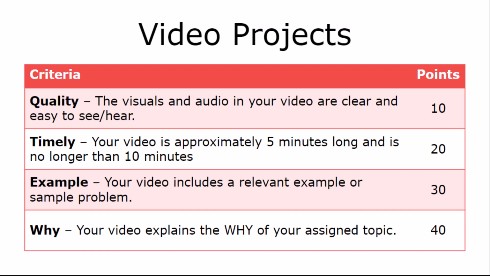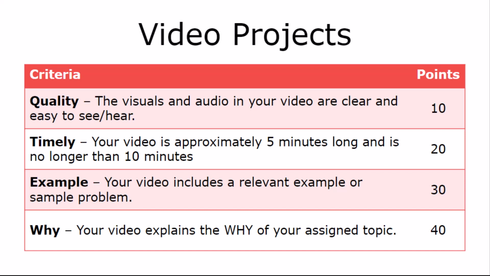And if it's something else, like maybe categorizing quadrilaterals or something, I want you to explain kind of like the thought process for how we categorize quadrilaterals, and like why it would be important to be able to categorize them. So if you ever have any questions about what it would look like to explain the why of whatever your topic is, feel free to reach out and I'm happy to help explain that.